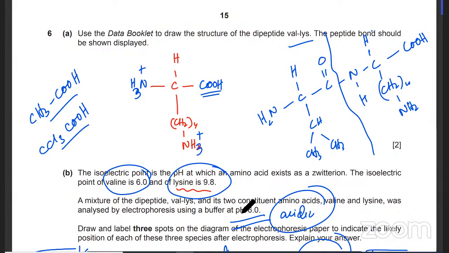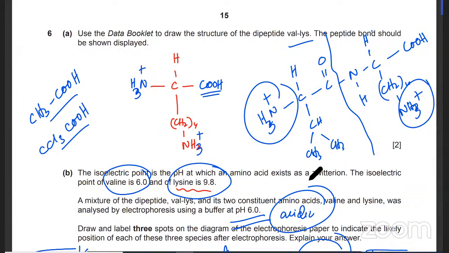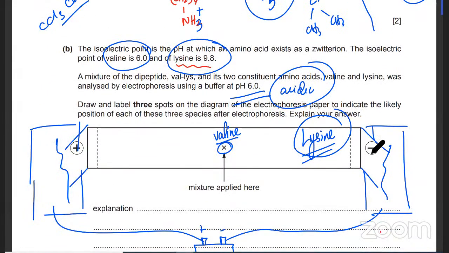In an acidic medium, the base will react. So it's going to be NH3 plus 1. Your two bases will accept H plus 1 ions, and it's going to form plus 2. So this one would also travel to the negative side, but it's going to travel a smaller distance.